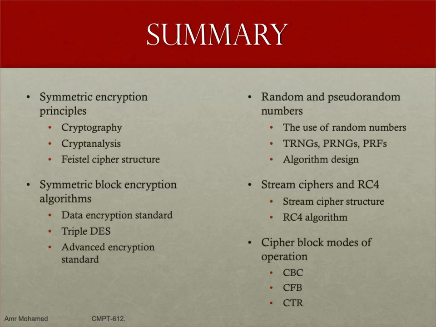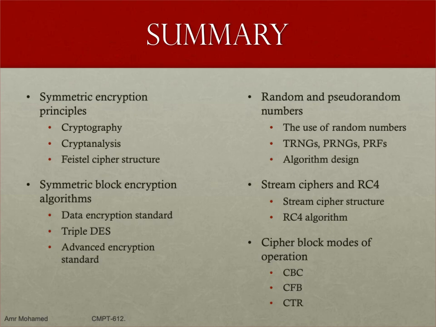All right, so this is a summary of this chapter. We talked about symmetric encryption, cryptography, cryptanalysis, and the difference between cryptanalysis and brute force. We talked about the Feistel structure and its properties. We talked about specific symmetric block ciphers such as DES, triple DES, and AES.